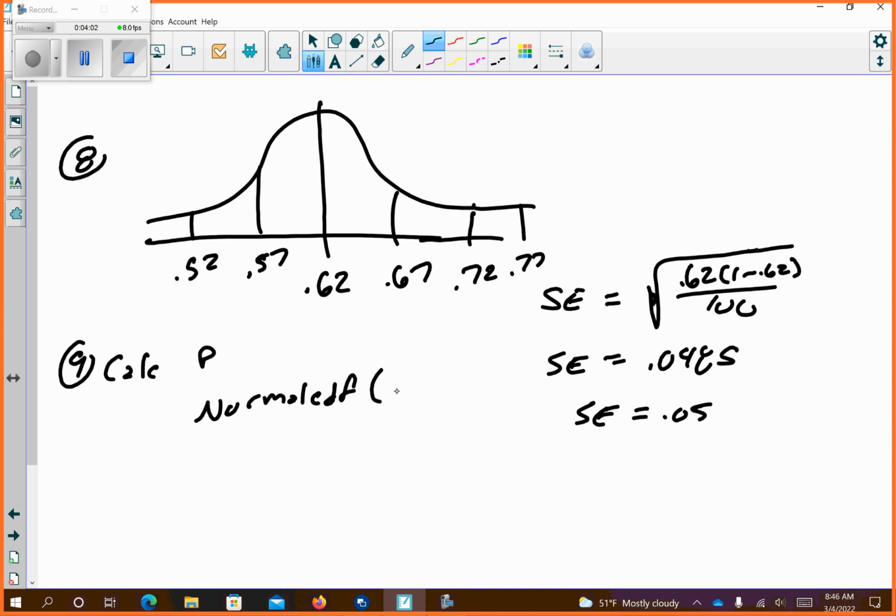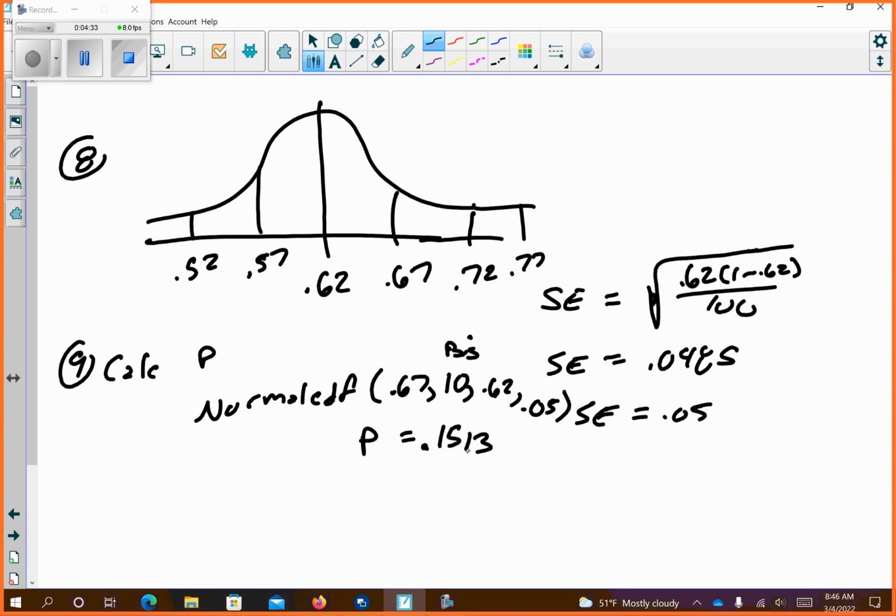The p. 0.67? 0.67. 67%. And we're going bigger? Yes. Then we're going to say 10 because that's bigger. So this just has to be a bigger number. And then our mean was 0.62 and our standard error is 0.05. Plugging that into the calculator, you get, ta-da, 0.153.